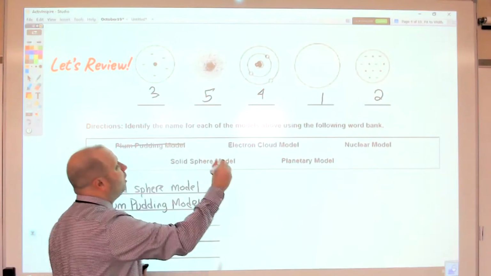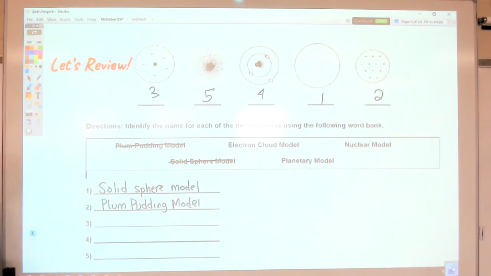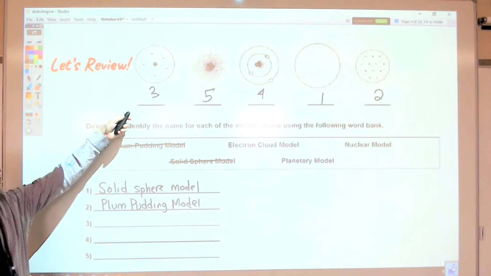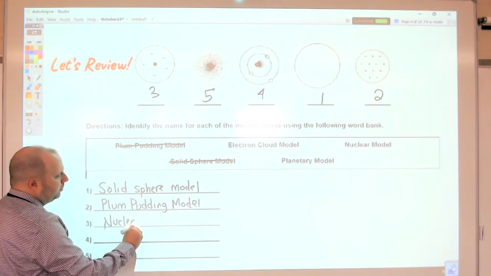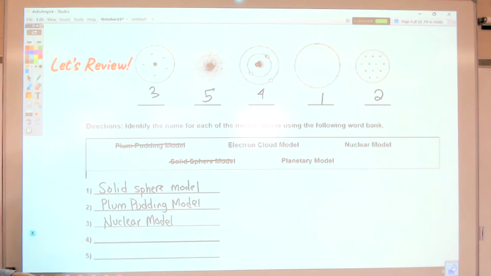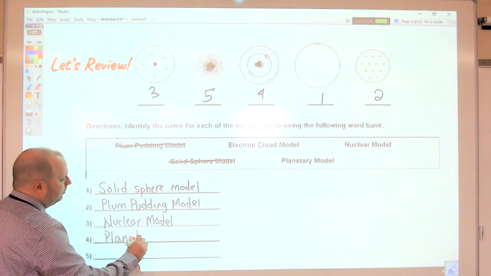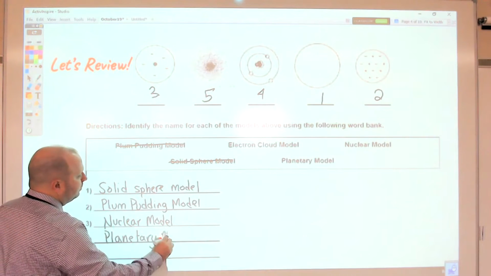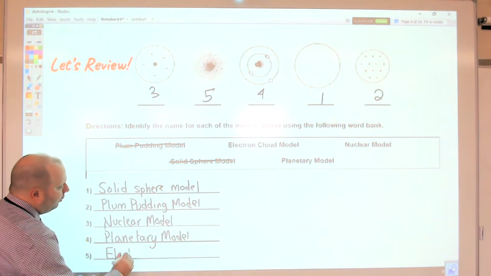And if it helps, you can cross these out as you go through them. The third one over here is our nuclear model. The 4th one, of course, is our planetary model because it looks like the solar system. And then finally, our electron cloud model.